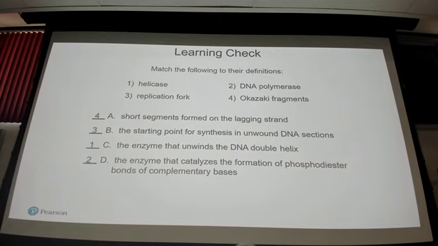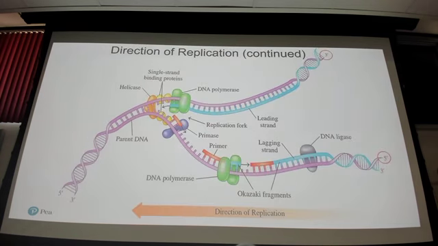Correct, all correct, yes. So I just wanted to talk through the direction of replication, if that's all right with you. Sure. Okay, so if I wanted to write out the steps in written form, not the picture form, it'd start with the helicase.